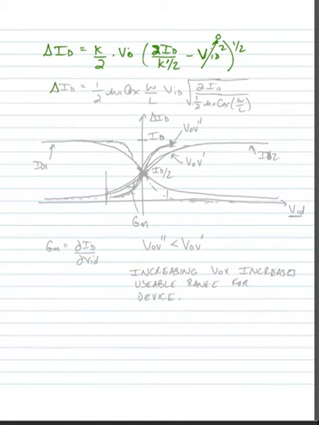If we do that we would find that delta ID is equal to 1/2 mu n C ox times W over L times the input differential voltage times the square root of 2 times the drain current divided by 1/2 mu n C ox times W over L, which kind of looks like an overdrive voltage.